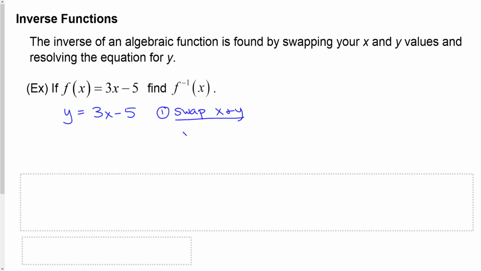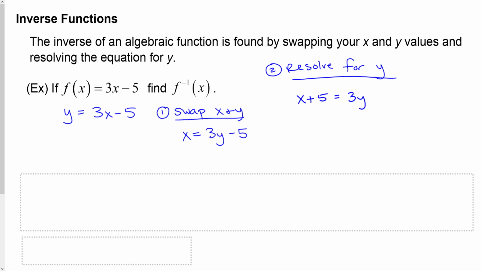So that gives me x equals 3y minus 5. And then next I resolve for y. In doing that, I get x plus 5 equals 3y, or y equals x over 3 plus 5 thirds. So I can say my inverse function is x over 3 plus 5 thirds.